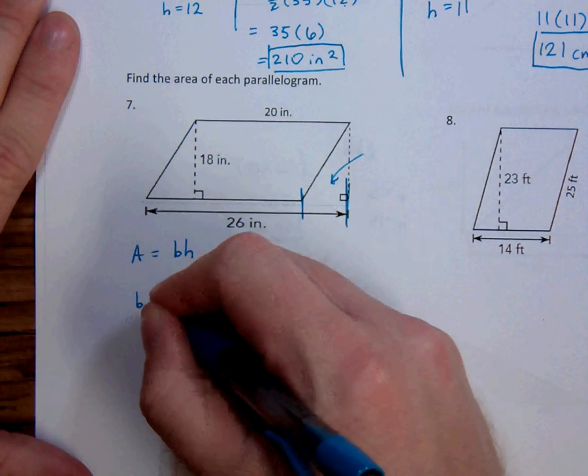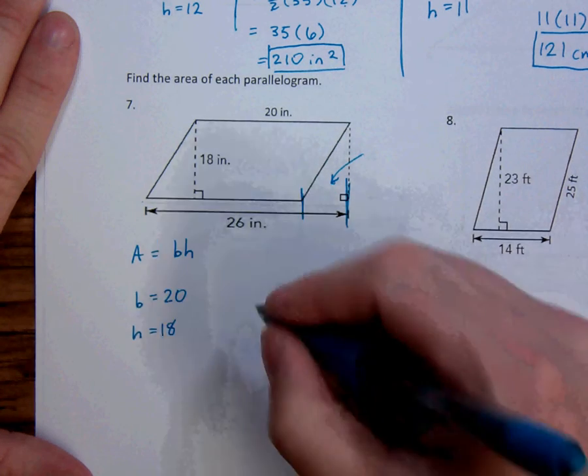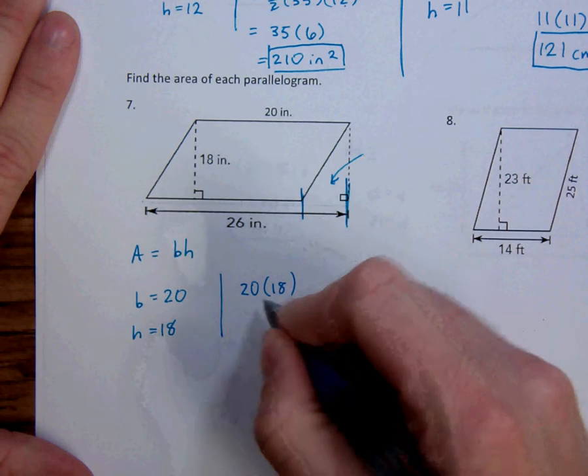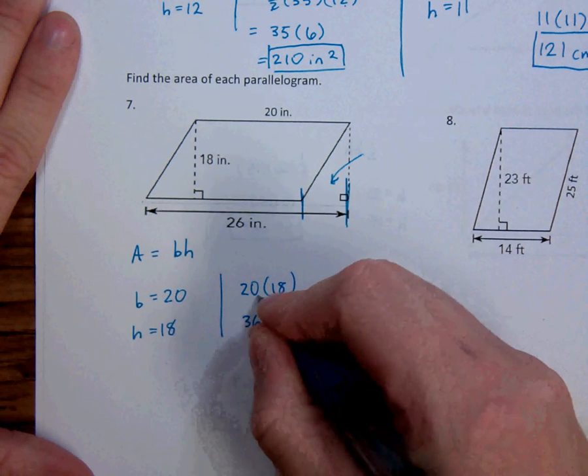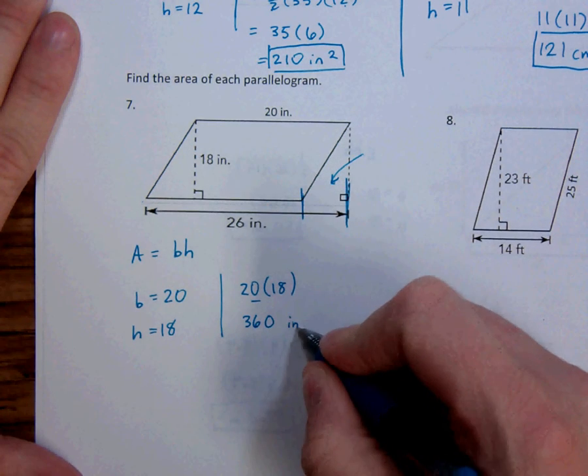So the base is actually 20, and the height is 18. So when we do 20 times 18, 2 times 18 would be 36, so it's 36 with a 0. So it's 360 inches squared.